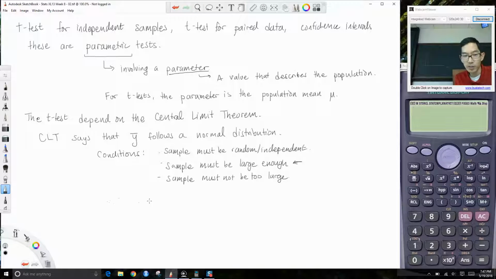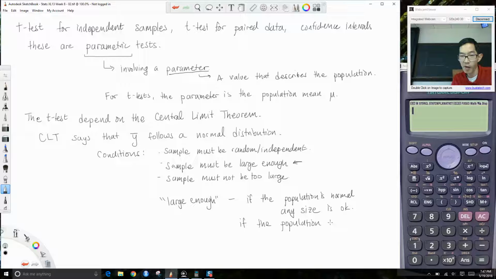What large enough means is that if the population is normal, any size sample is big enough, any size is okay, and if the population is not normal, usually 25 or more is big enough.